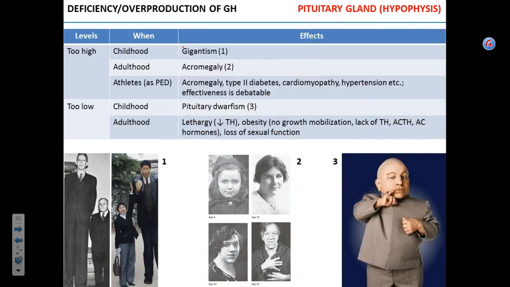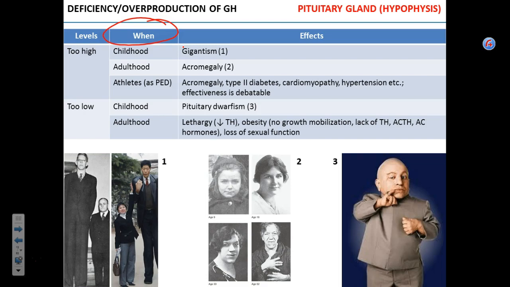Now, when we talk about pathologies associated with hormones in general, we always talk about abnormal levels, too high, too low, or lack of hormones at all. In case of growth hormone, another variable that we throw in is when.